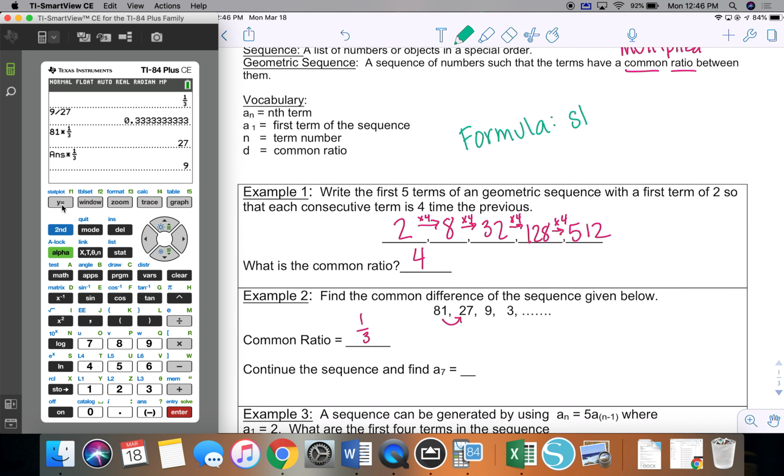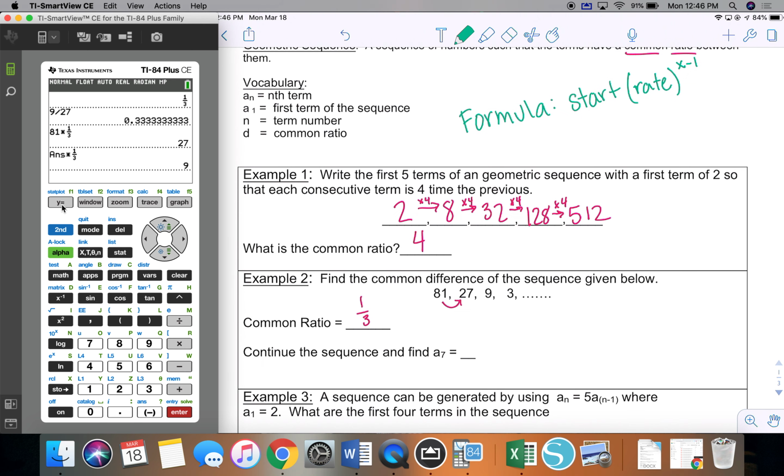So our formula is our starting term and then the rate to the x minus 1. And that x minus 1, as well as the setup of the formula, is why these are geometric. So yesterday, or the day that if you watch the arithmetic sequences, those are adding because they're getting bigger by 2 or by 3, and you're adding to it every time.